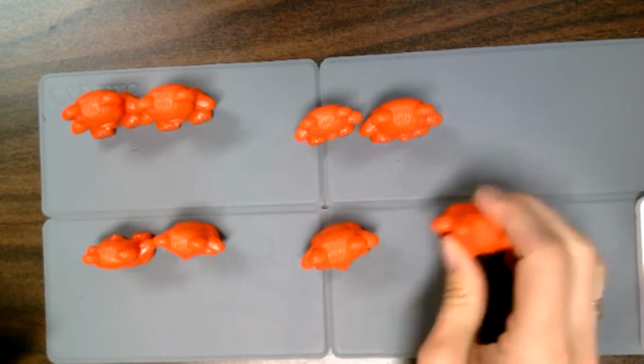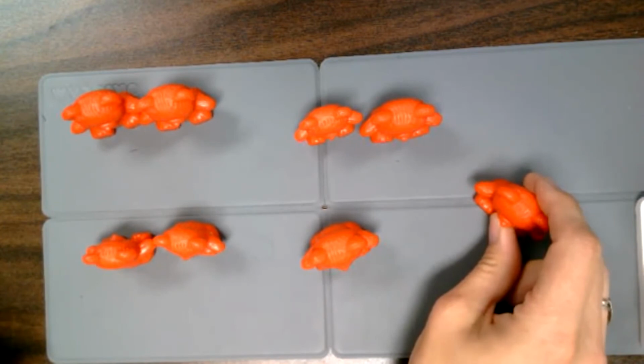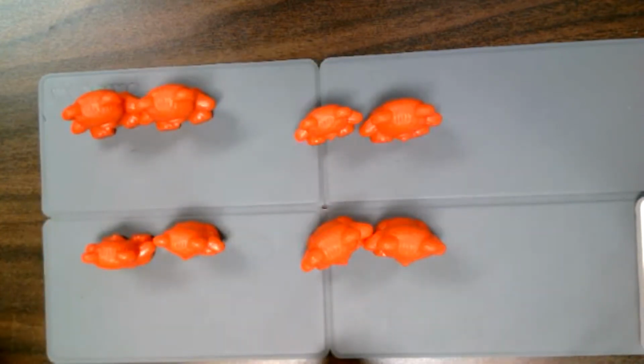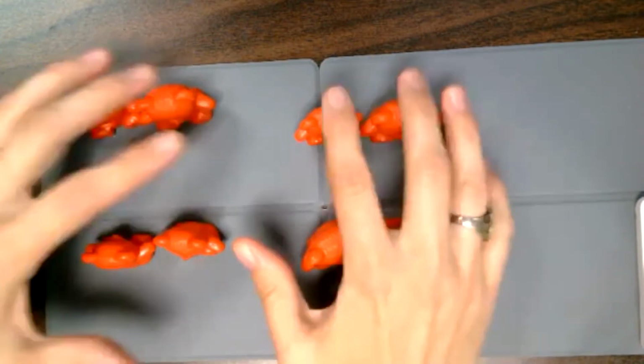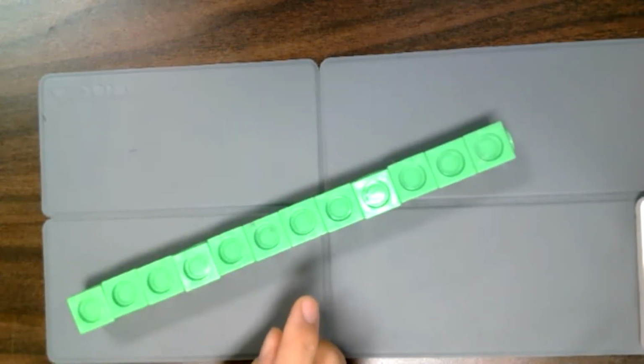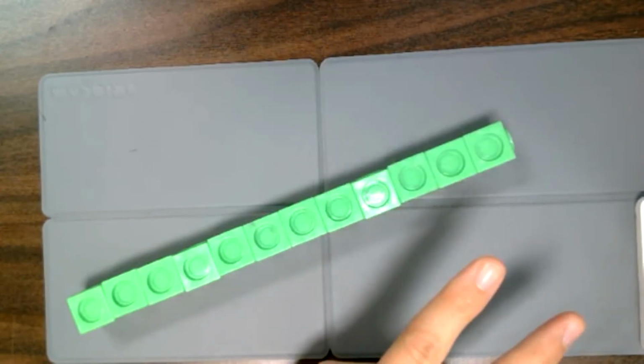Remember when we had one sock left over that we called odd? But here, because we're able to make pairs, this is an even number. That's the first half of even, but even and odd is a whole other idea too. Not just making pairs, but making 2 equal groups.